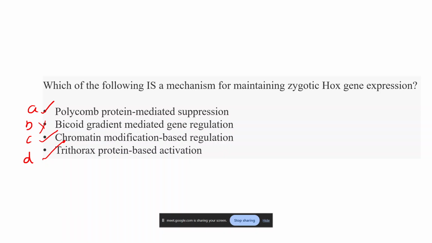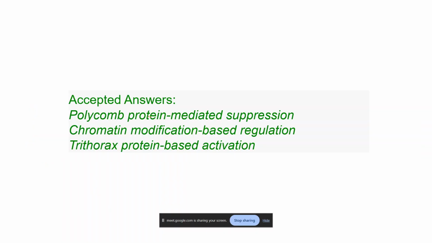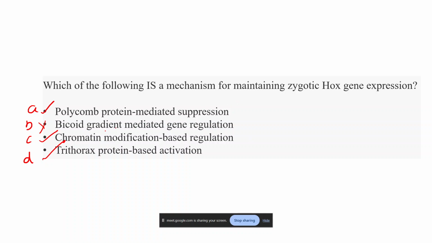So the correct answers are polycomb protein mediated suppression, chromatin modification based regulation, and trithorax protein based activation. Polycomb ensures that Hox genes stay off in regions where they should not be expressed, and it works via PRC1 and PRC2 complexes, the polycomb repressive complexes, plus H3K27 trimethylation marks.